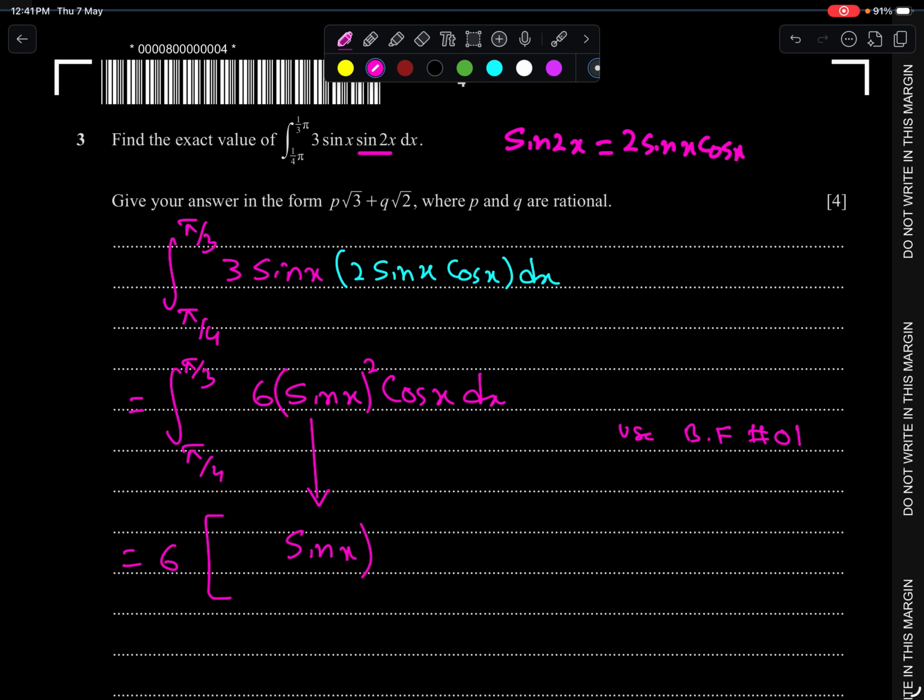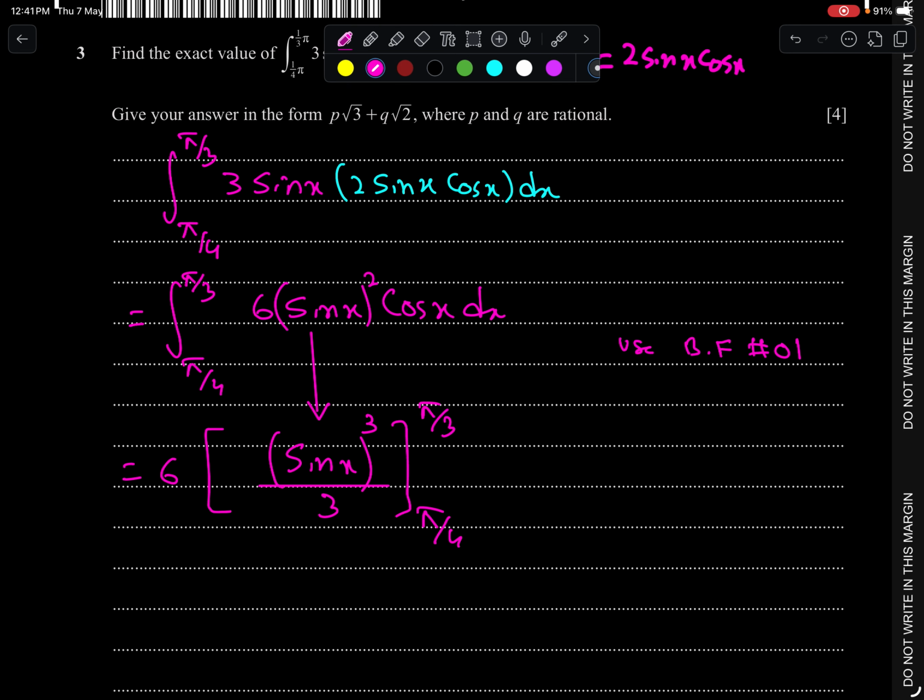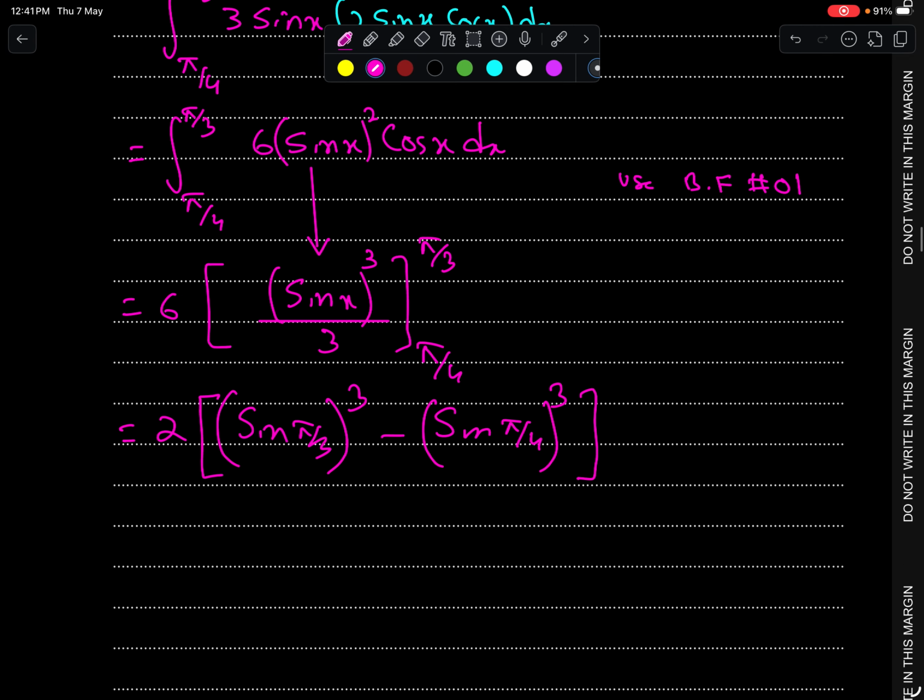Sine x, add 1 in power, so 2 plus 1 makes 3, divided by the resultant power. This is basic formula 1. You can watch my lectures on basic formula 1. So 2, now apply the limits: sine pi by 3 whole cube minus sine pi by 4 whole cube, right?